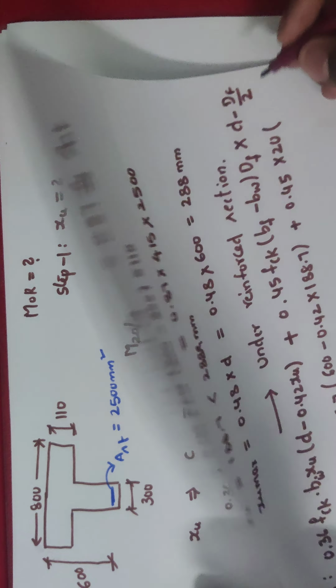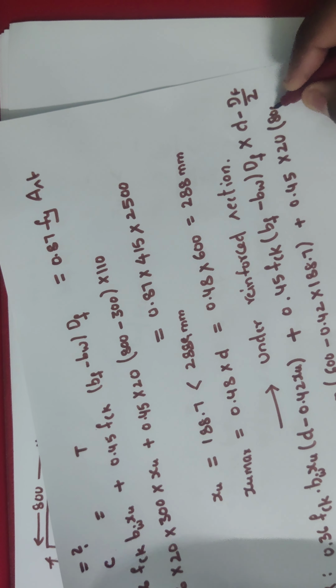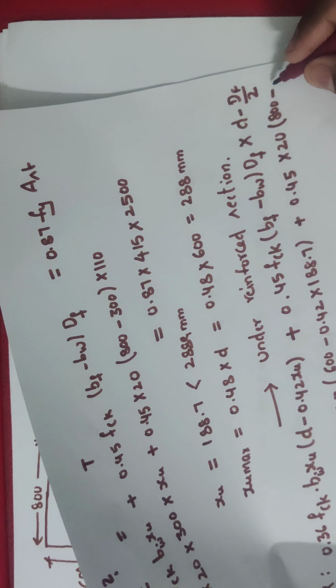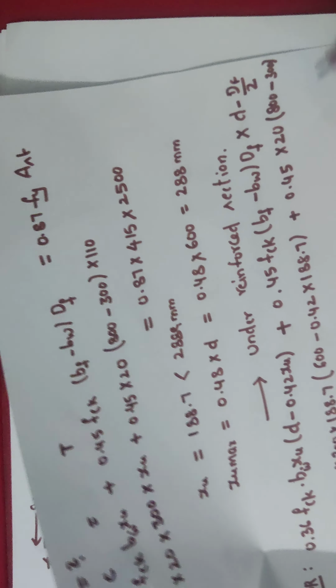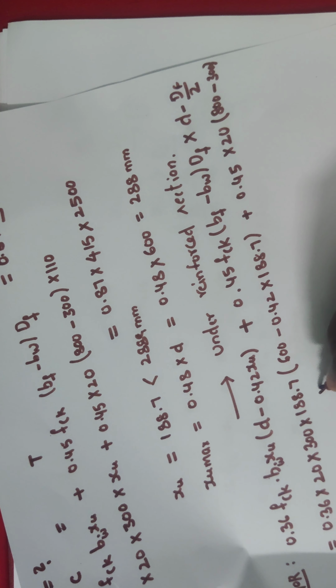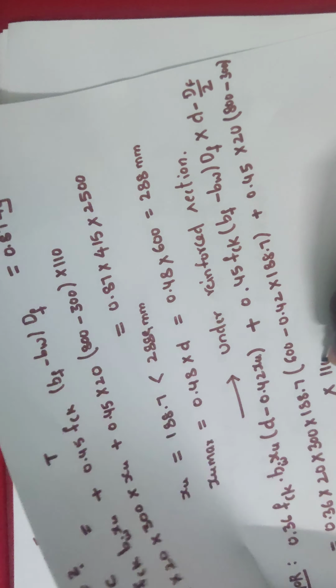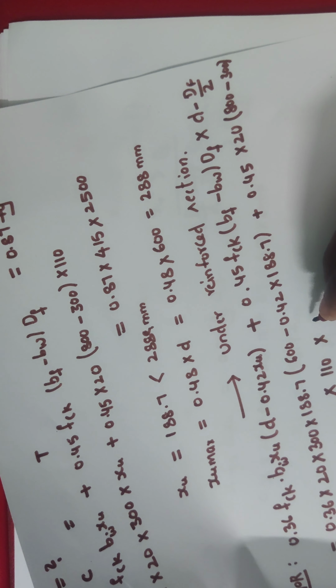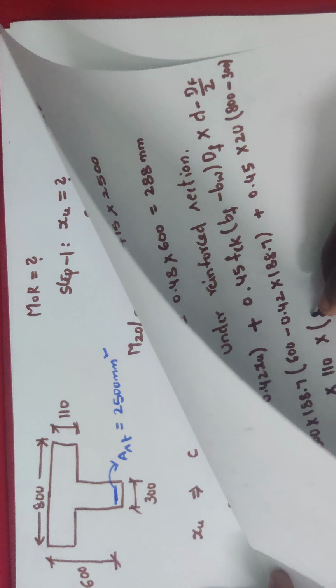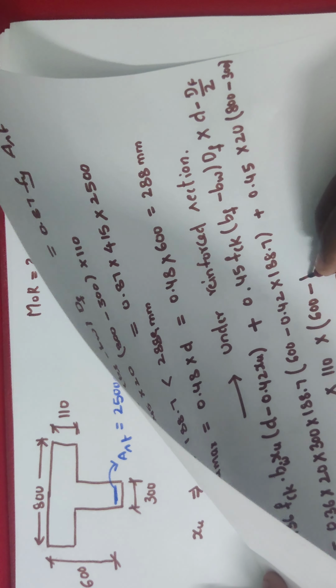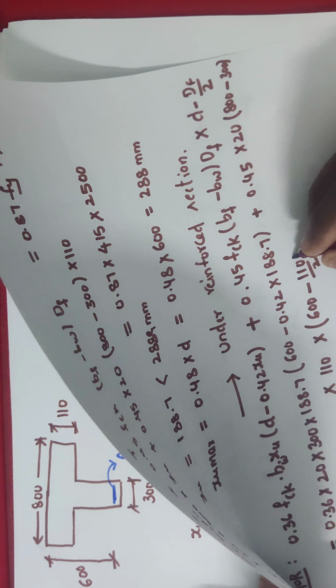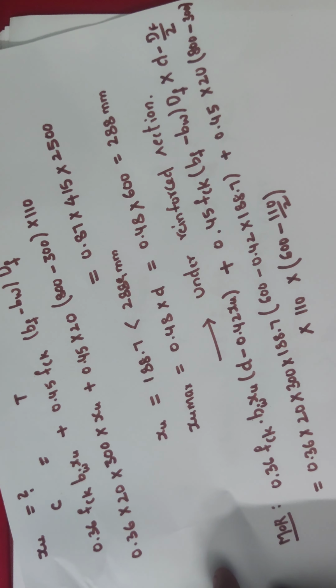What is the breadth of the flange? 800 minus breadth of the web 300, multiplied by depth of the flange. Depth of the flange is 110 into effective depth 600 minus depth of the flange by 2, 110 by 2. Okay, this is the moment of resistance.